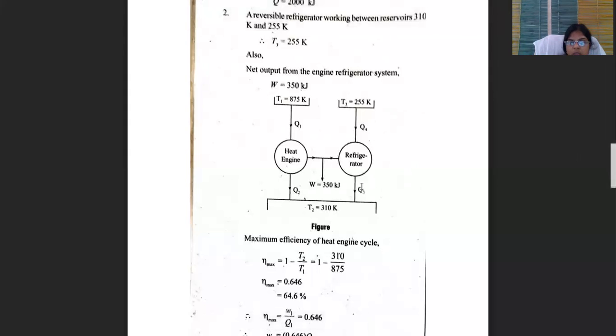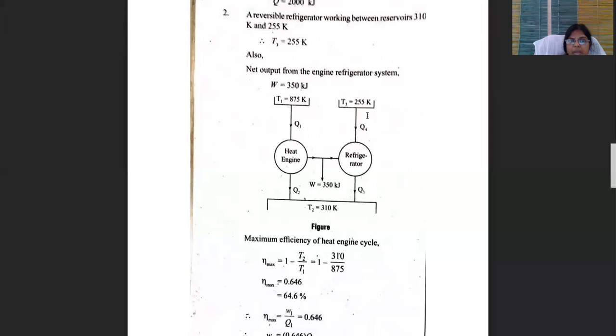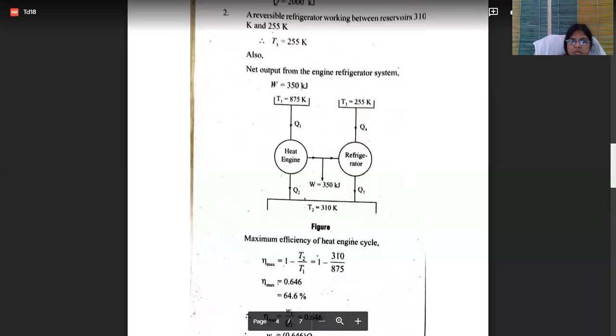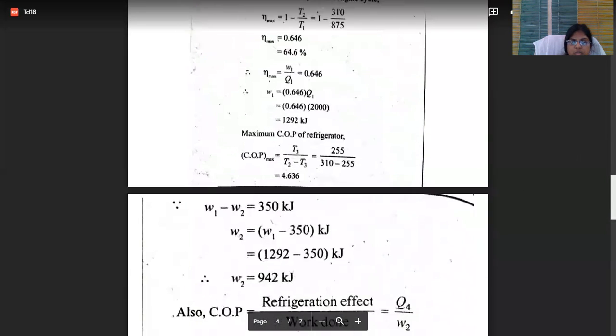So in place of heat supplies we replace them with temperatures, in terms of temperature T3. Where the temperature is maintained very low, we call that the desired effect or cooling effect. Here 255 by higher temperature minus lower temperature, so 310 minus 255, T2 minus T3. So that is the coefficient of performance.